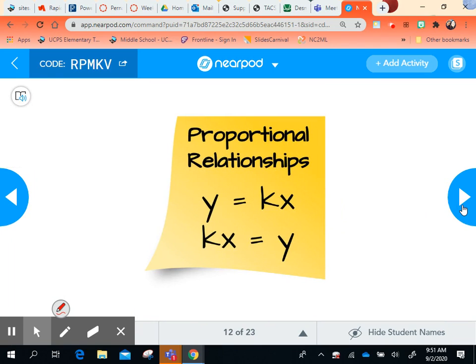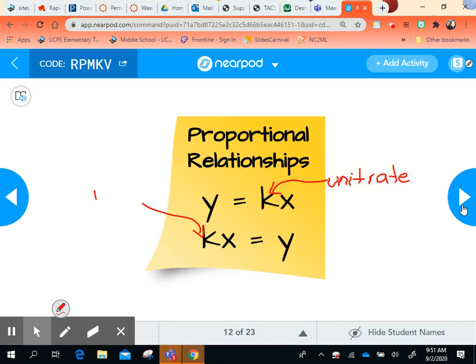Okay, so proportional relationships, please write, come in the form of y equals kx or kx equals y? For those of you at home, same thing. Make sure you're writing this down. Remember, K represents our unit rate.